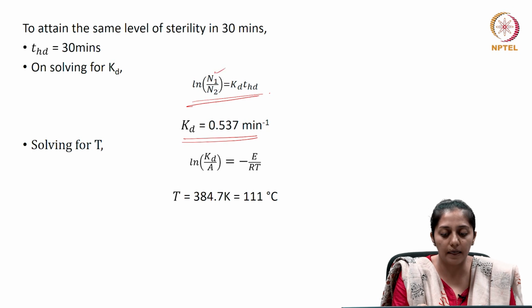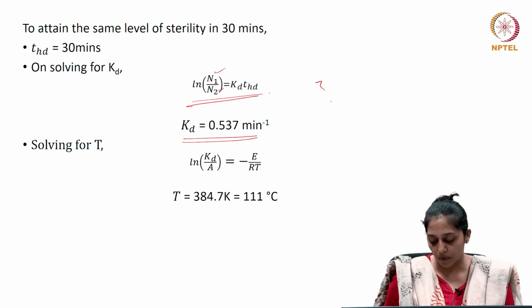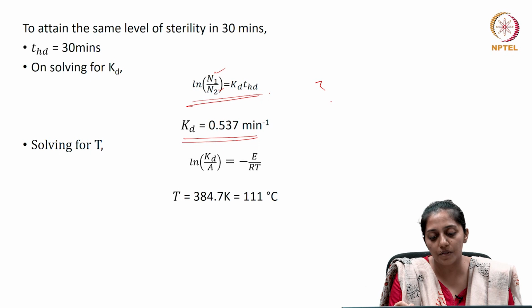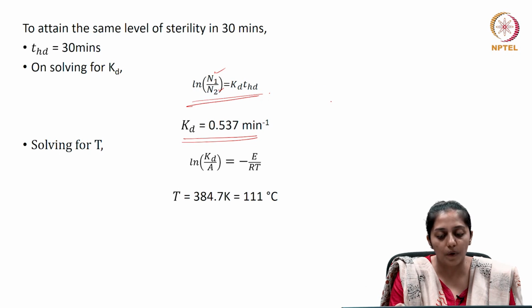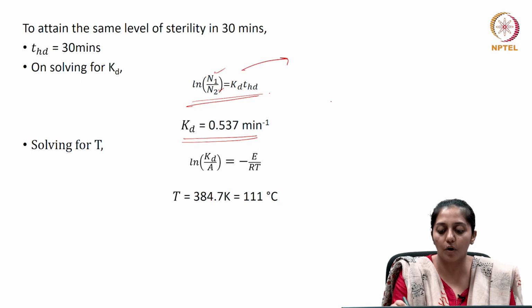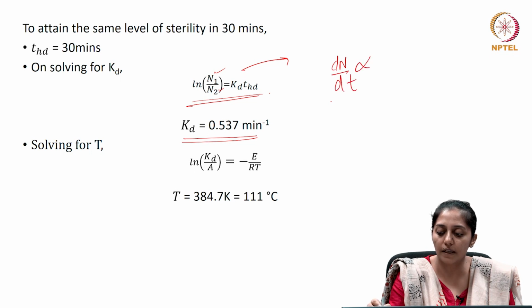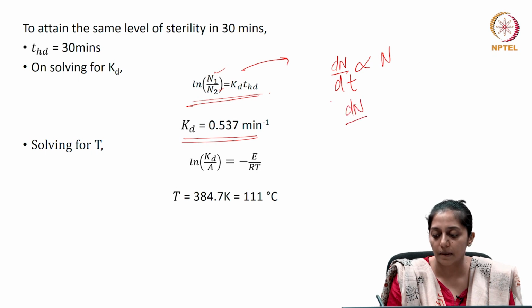So, N1 and N2 remain the same. N1 is the initial number and N2 is your final number. So, here ln N1 by N2 is equal to Kd t. This has come from dN by dt, being a first order kinetic equation, being proportional to N. So, your dN by N was Kd dt.